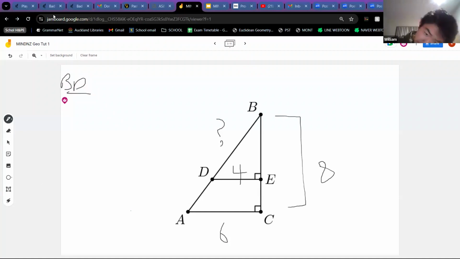Now we're asked to find BD here, so let me just have a look at the chat. BA is 10 by Pythagoras, and the ratio is 3 to, yeah. So yeah, that's a good solution.